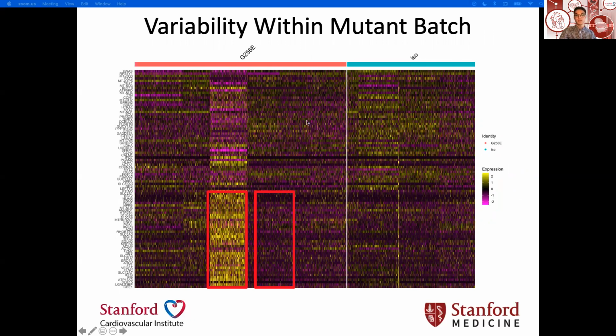Now, like I said, this is the G256E mutant batch itself, and what stands out is the variability of very high expression here, shown by the bright yellow, and very low expression here of the same genes, just in different samples within the G256E mutant batch. What we can draw from this is that there is variability of gene expression within the G256E mutant batch itself that has nothing to do with the batch being mutant versus the isogenic control.